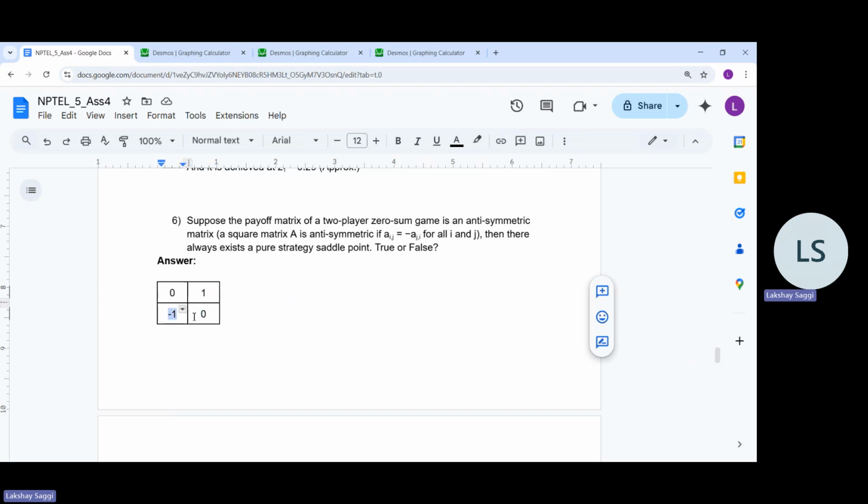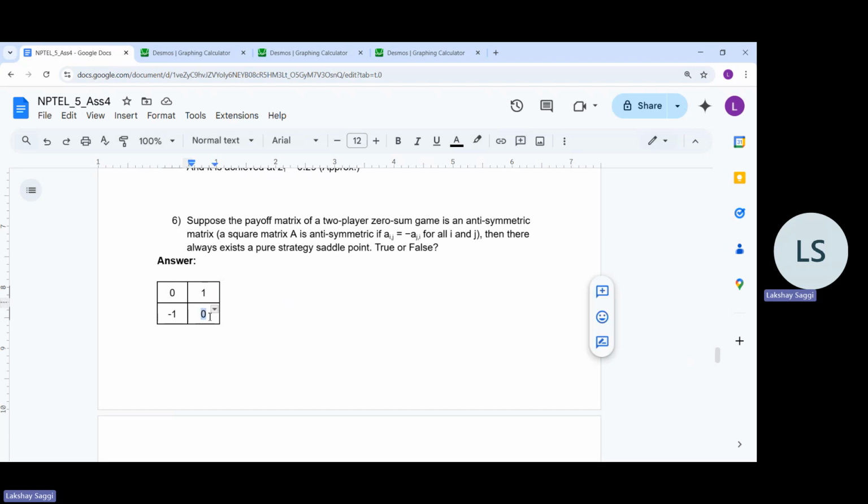Between this minus one and zero, the column player will want to choose the maximum value, so the column player again chooses this zero. So in this example, the column player and the row player both have the same security level, which is zero.